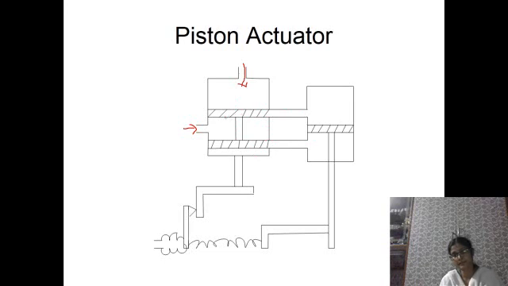So just think about if the piston was at the upper position, say here, then what was the diagram like? This is the upper part, and in that case, say this is here.